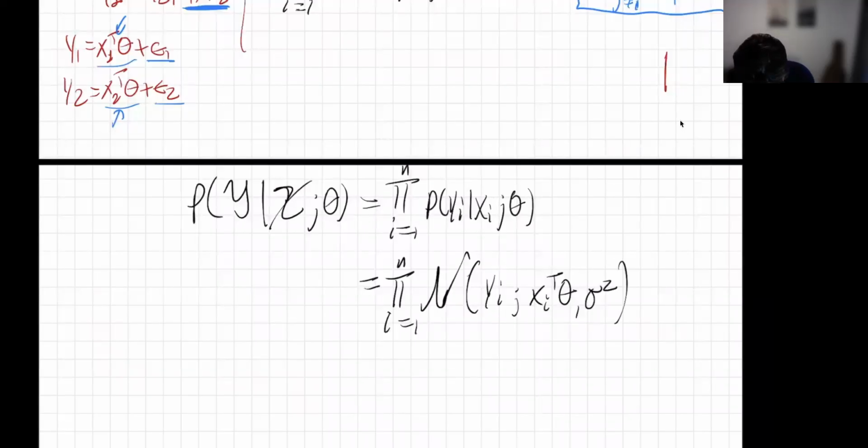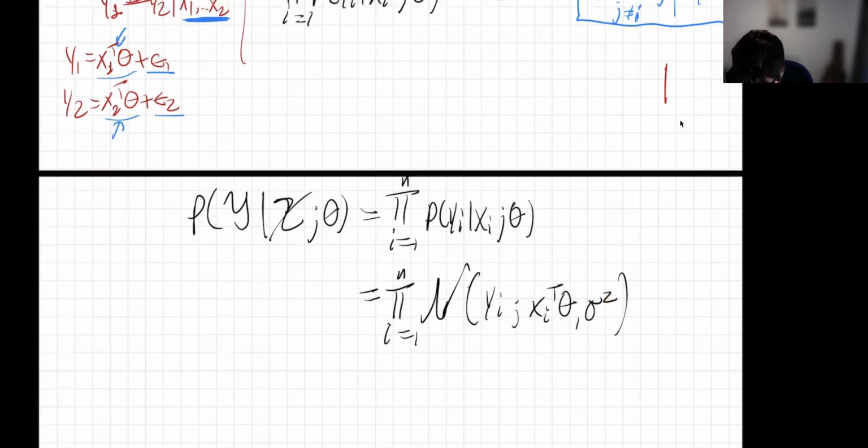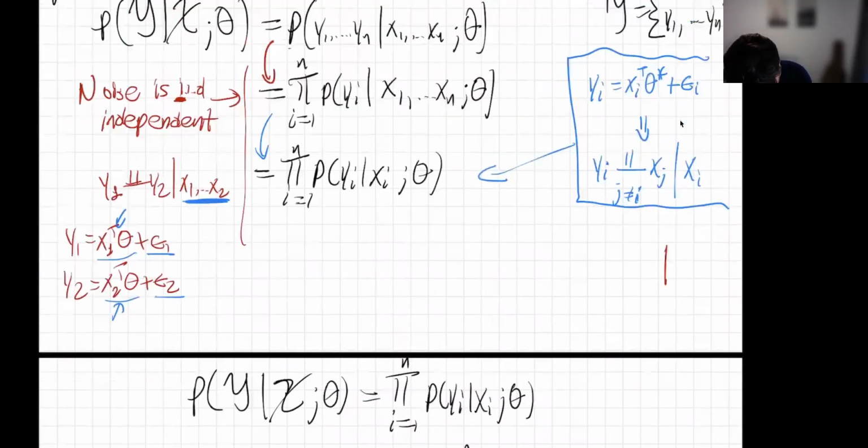So what is this? This is a Gaussian, just to explain this notation. This is a normal distribution. So yi is distributed as a normal, which is parameterized by its mean and its variance. Remember, we're just rewriting a version of this, only this time we don't know theta star.